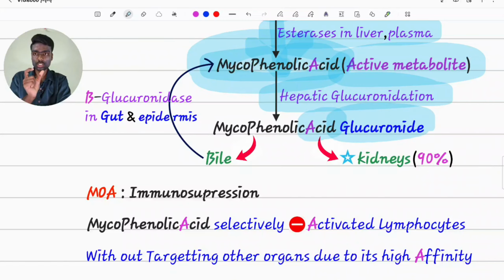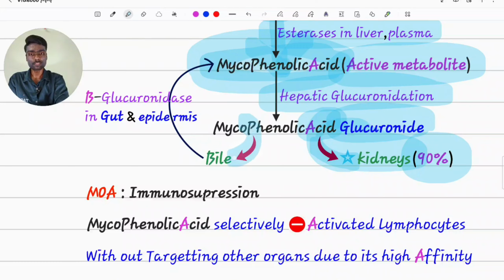Whenever you hear the word glucuronide, it means it is an inactive and water soluble product which can be easily excreted via kidneys. Here our mycophenolic acid glucuronide is 90% excreted in urine, the rest 10% via bile, that is via gut and feces. This glucuronidation we have already seen while discussing dapsone.